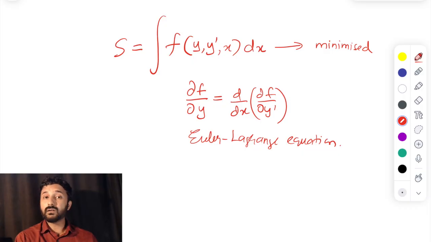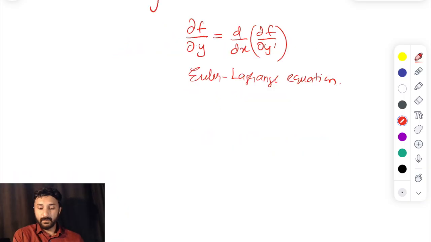Now, there are plenty of applications of this equation, but what we would like to look at in this video is just one of those applications, which sounds silly, in fact, at first glance, but when you try to prove it using mathematics, it may not be so obvious.